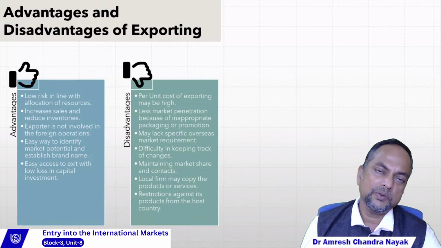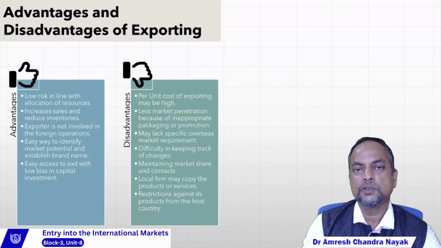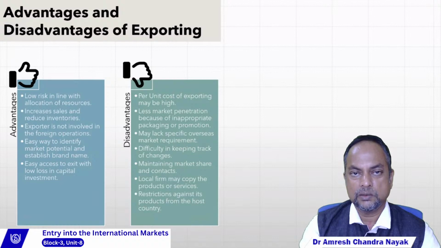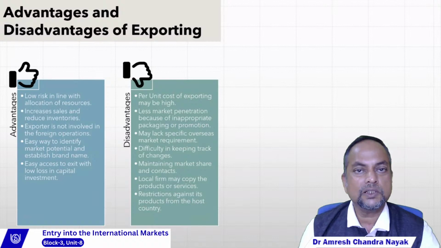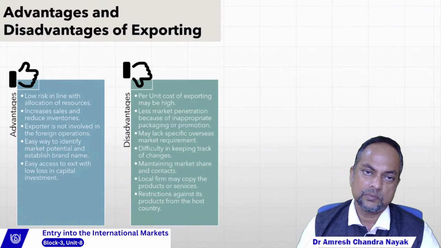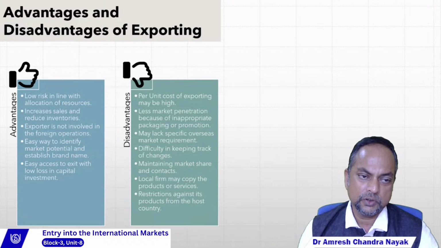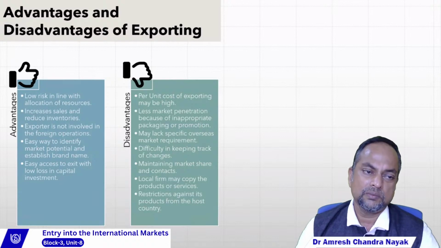When you are going for massive production, because you are going to cater to the needs of the home country, at the same time you are going to fulfill the needs of the host country itself, right? So volume production should be there, and that is why you have a lower requirement of inventories.